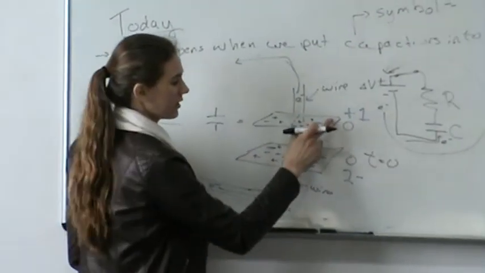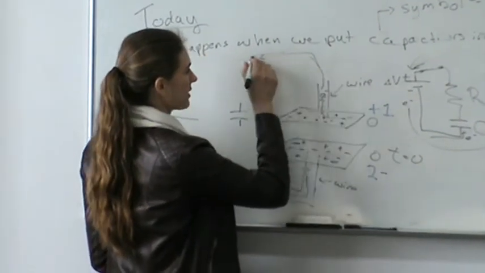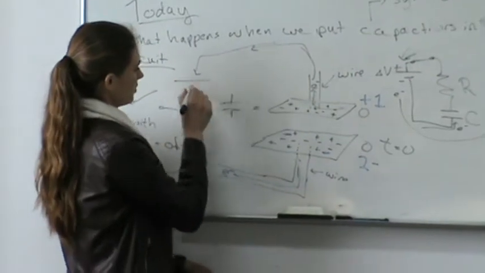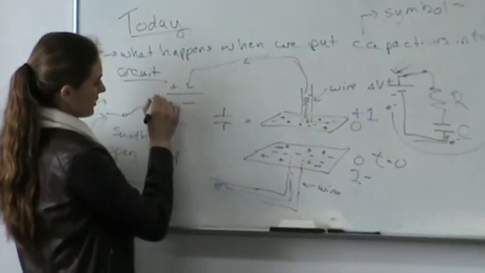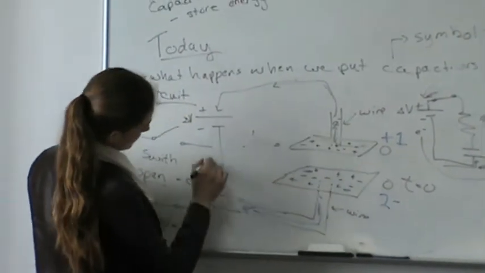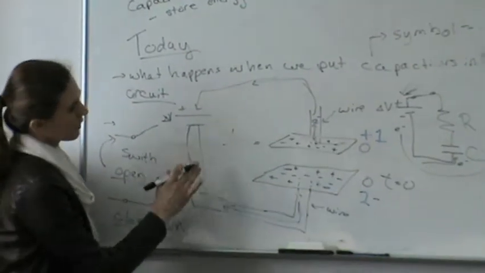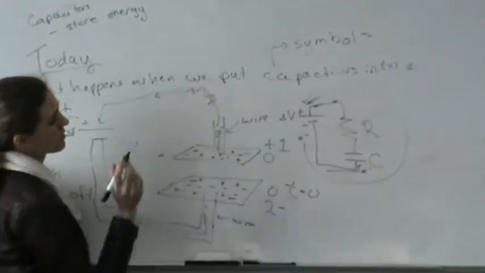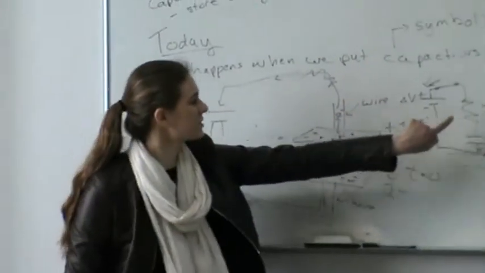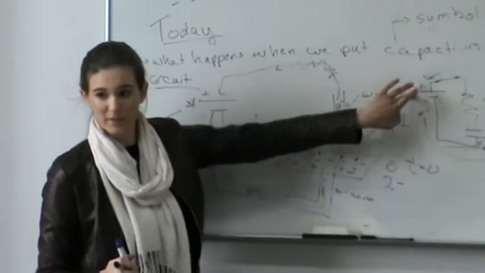So another electron will go up here and continue to the battery, plus minus delta V. And we have the rest of our circuit, right? And then there's the resistor over here. So this is the resistor, this is the capacitor, and this is the battery, right?